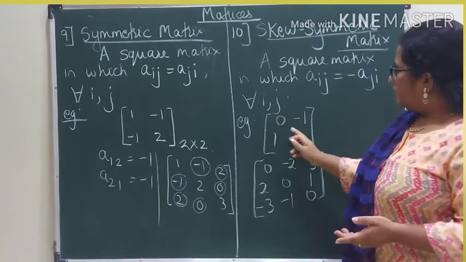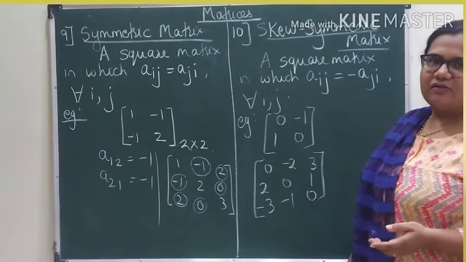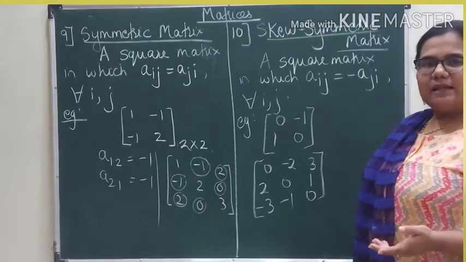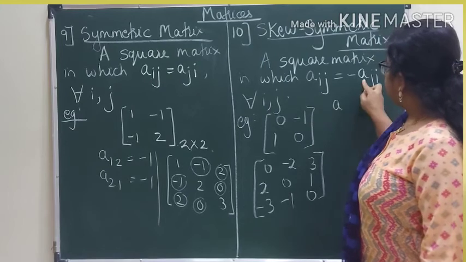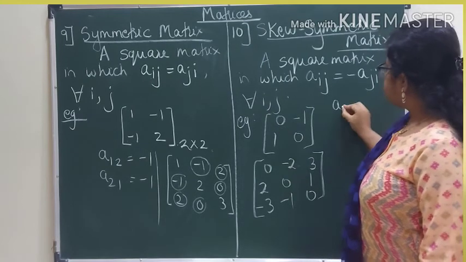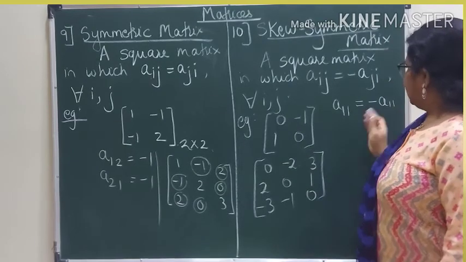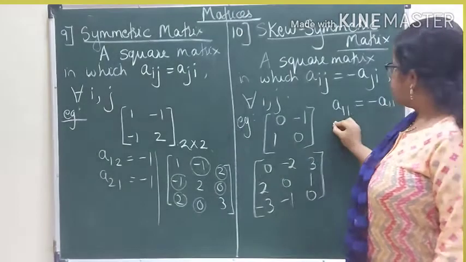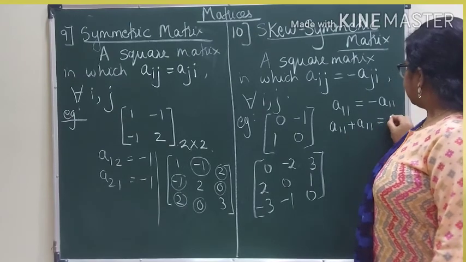Now if you observe the diagonal elements in a skew symmetric matrix, I have written 0. Now why are they 0? Because when you say they should be of opposite sign, if you take the first example, A11 equals minus A11. When you take minus A11 to this side, it becomes plus A11, equal to 0.